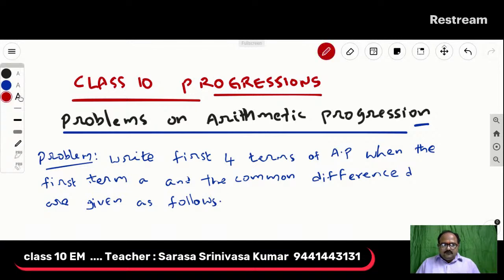Here in this problem, the first term A is given and also the common difference D is given.